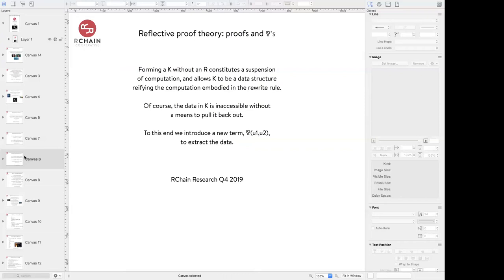Now, your K is not really a data structure unless you have a means to get the data out. So we introduce another term, par of U1, U2, to extract the data.